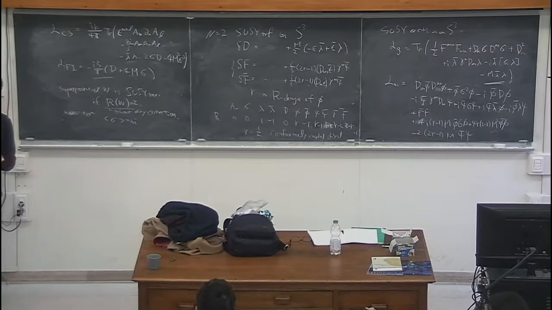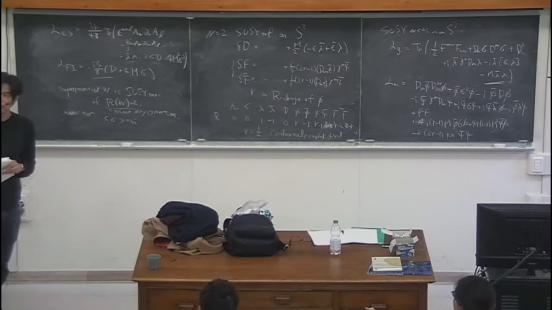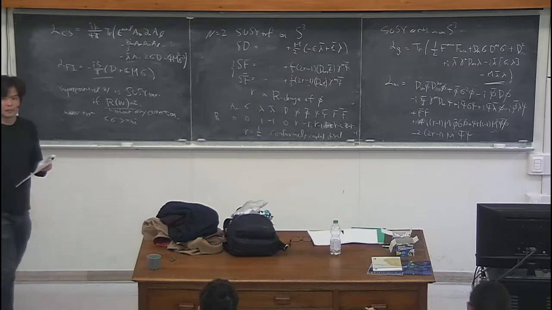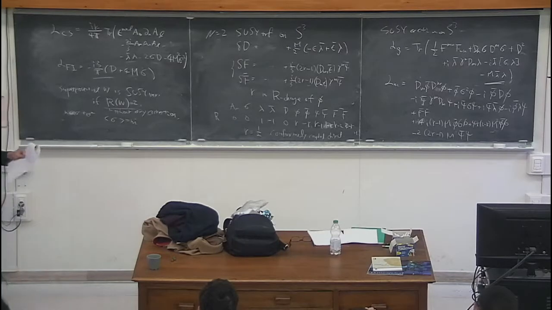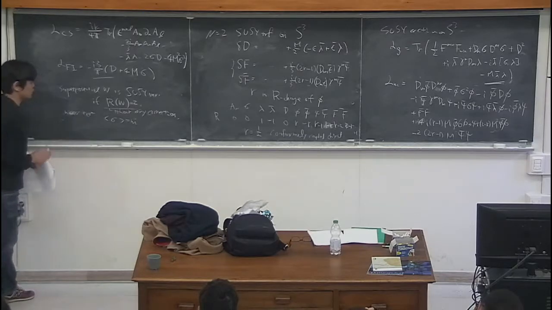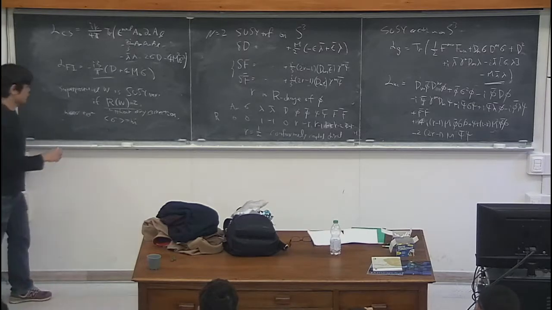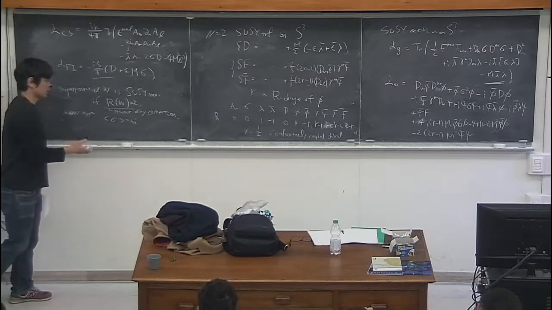That procedure is done for, for example, the anomaly calculation. In that case, we can introduce a background gauge field, or background Wilson loop, and then introduce a corresponding background superfield.